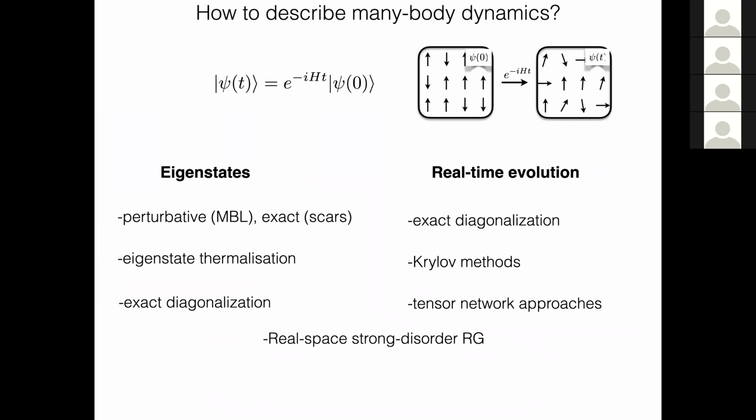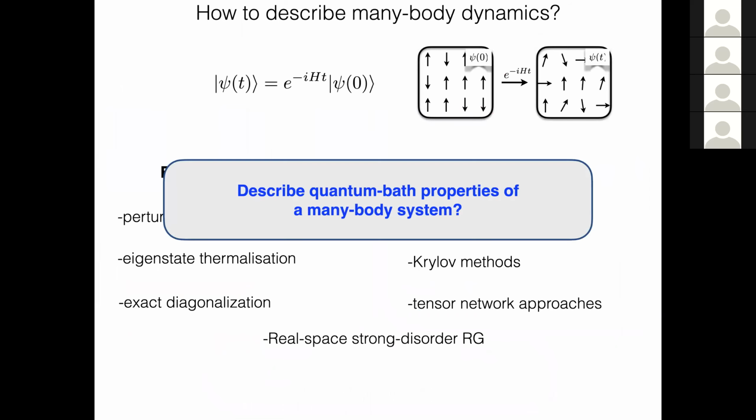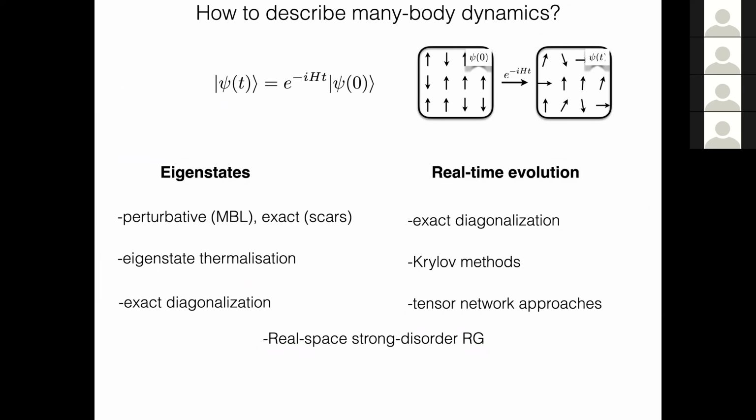So how do we describe quantum many-body dynamics? There are a few common ways of thinking about it. Let's say you would like to describe the unitary evolution of some initial many-body state psi 0. Usually you try to understand the structure of the eigenstates, so you can try to do it perturbatively, like for the case of many-body localization.